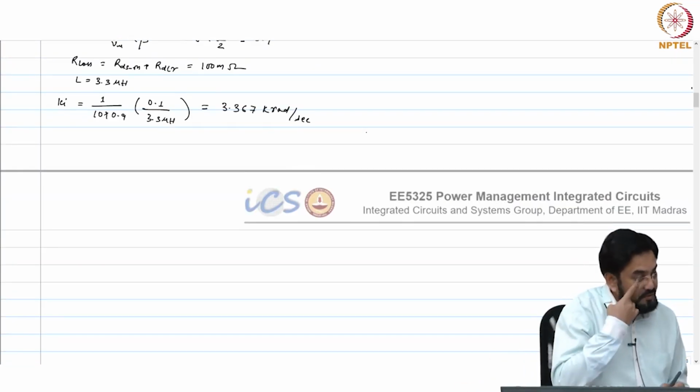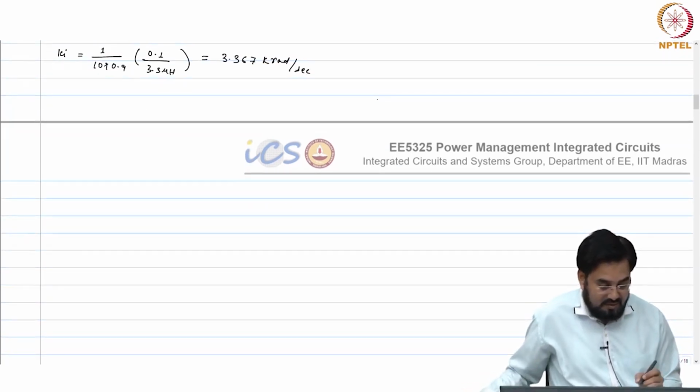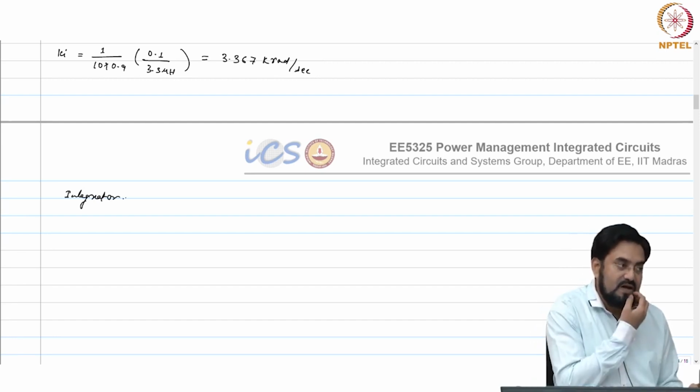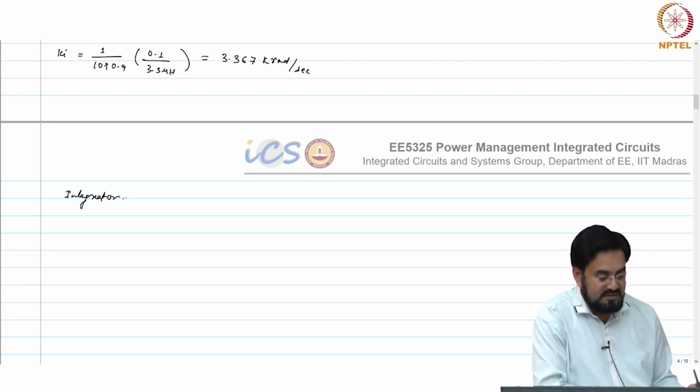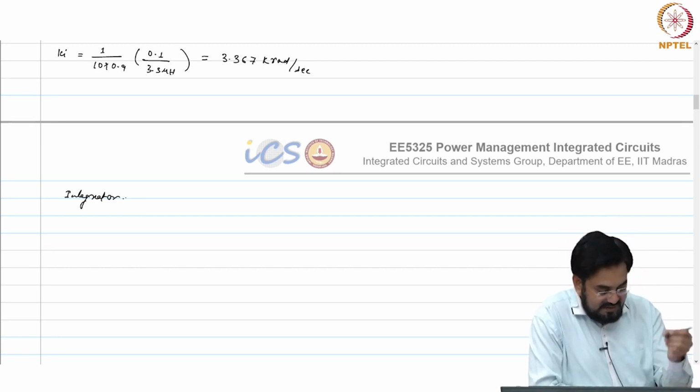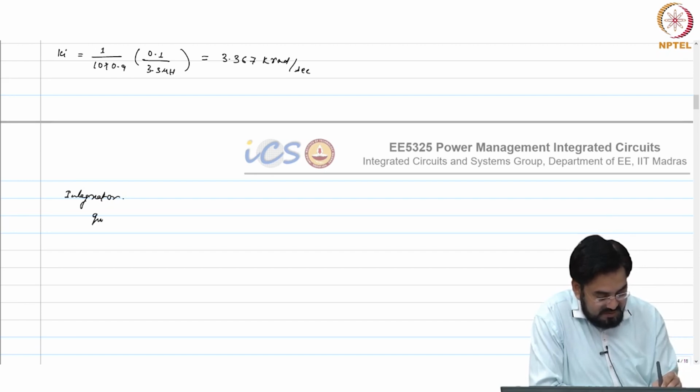Okay, so now we need to design the integrator for this with Ki equal to this much. So let us say I am using GM by C integrator or GMC integrator.